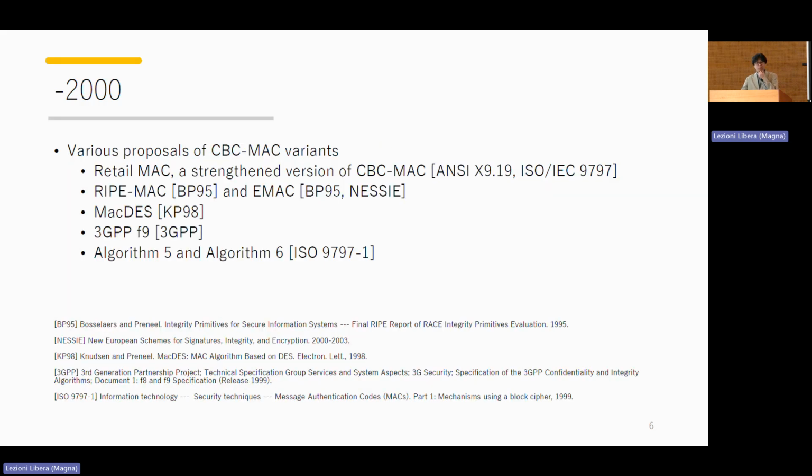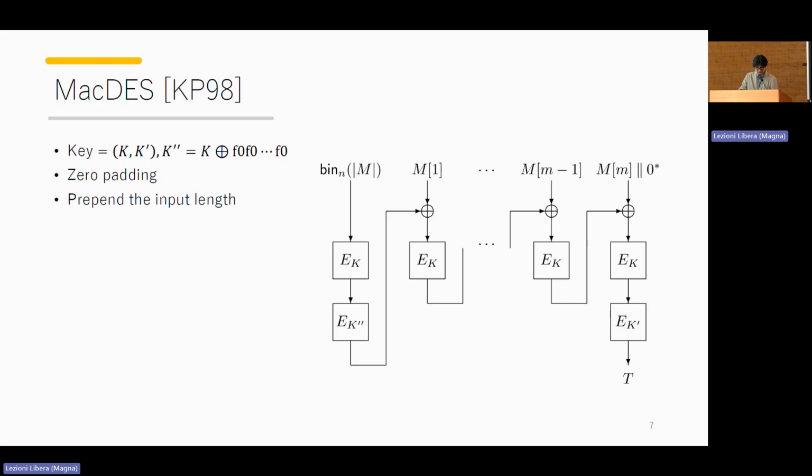And there are various proposals of CBC-MAC variants. I just listed here a few of them: RetailMAC, RIPE-MAC, EMAC, and so on. I cannot introduce them all, but let's see some examples of the early designs.